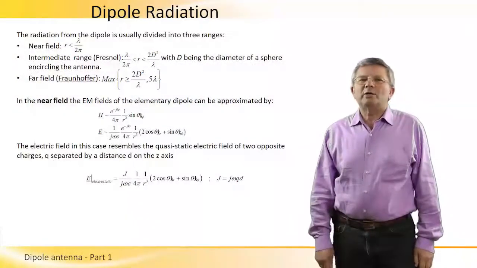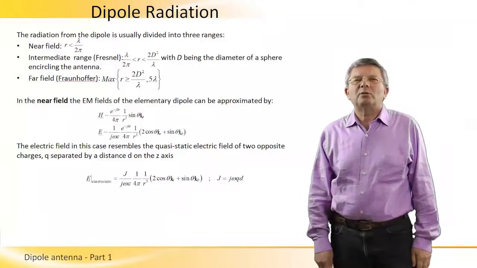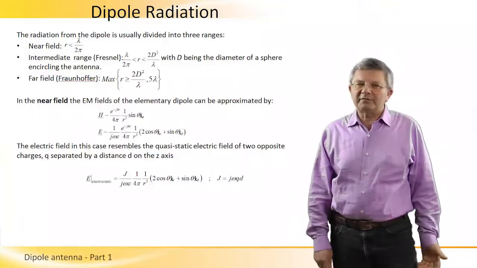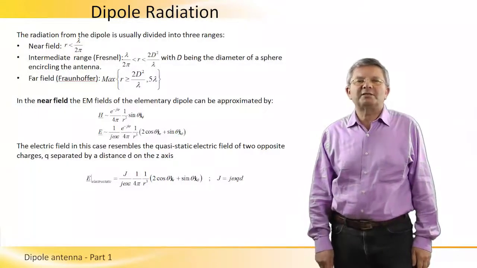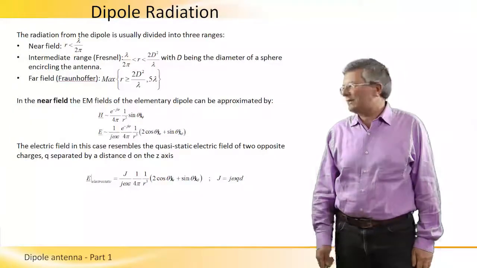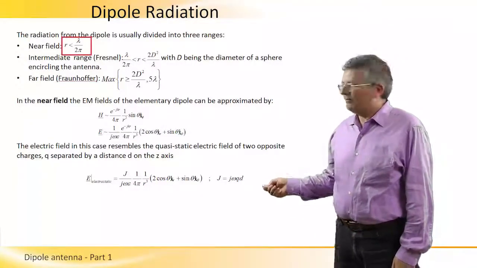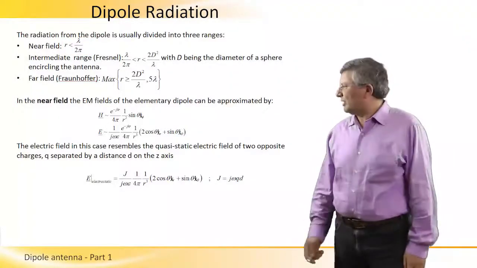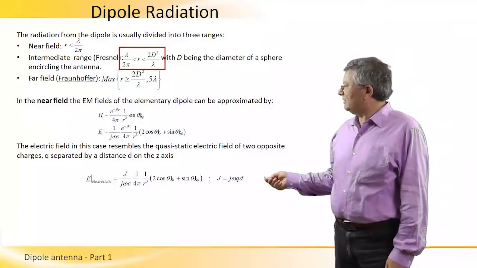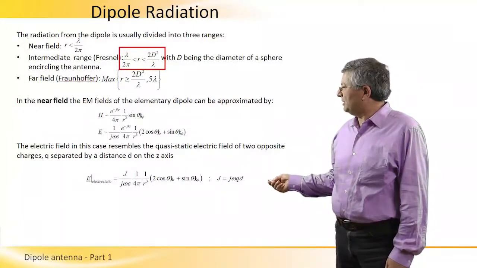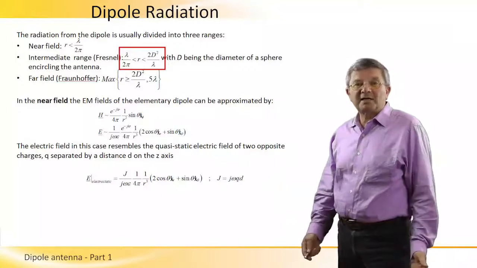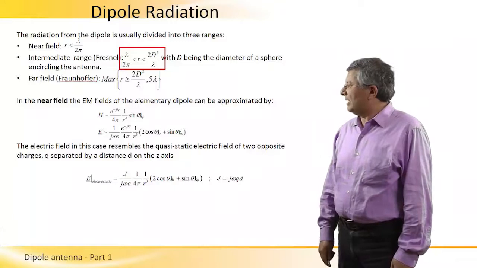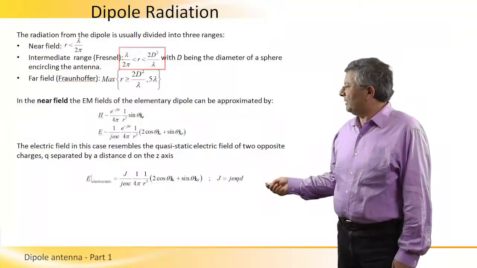Now let's consider what happens with the radiation from the dipole when we consider three distance ranges. The near field, at which the distance of the observation point is less than lambda over 2 pi. The intermediate range, which is also called the Fresnel zone, at which r is smaller than 2d squared over lambda, with d being the diameter of a sphere encircling the antenna, lambda the wavelength, and r is bigger than lambda over 2 pi.